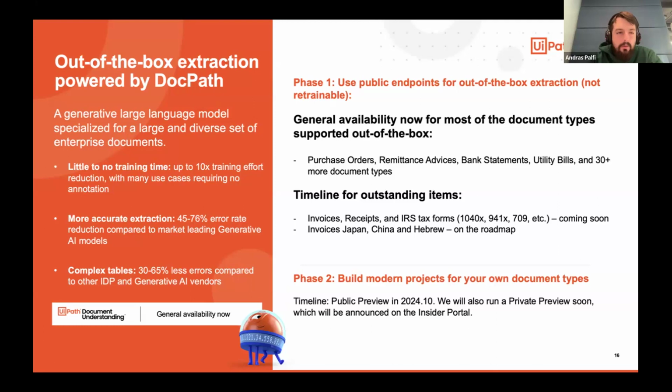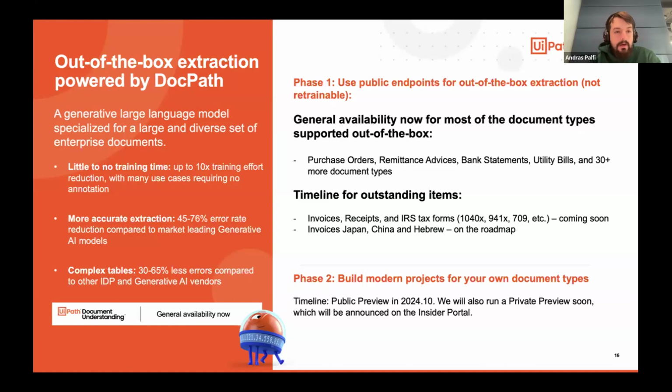It comes with a few benefits. One is that because it has been pre-trained on a very large set of documents, it works with very little or no training on many use cases, which is great because it speeds up implementation time.